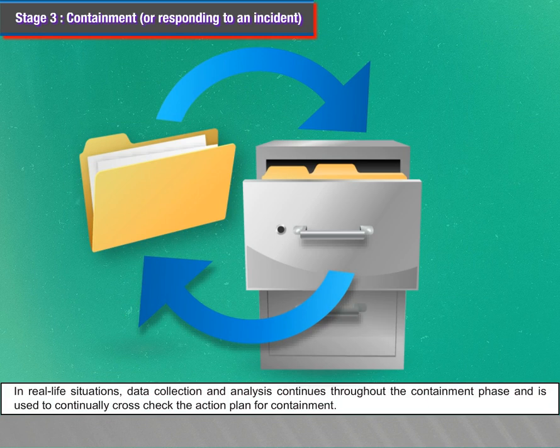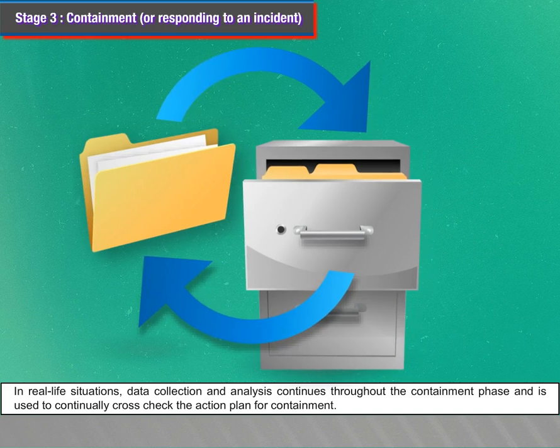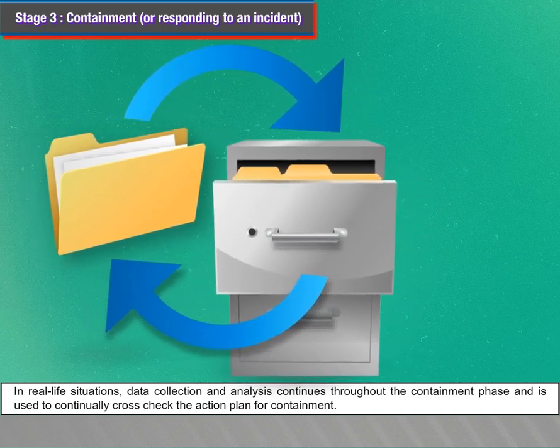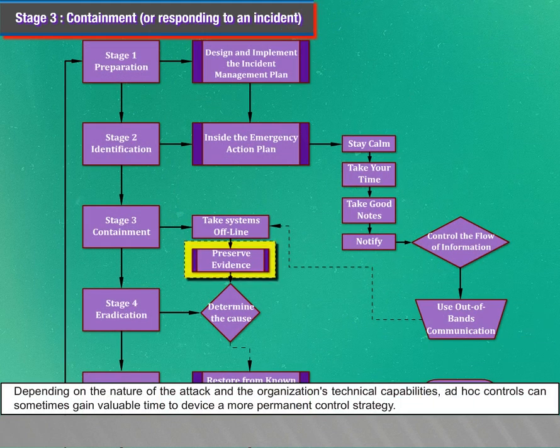In real-life situations, data collection and analysis continues throughout the containment phase and is used to continually cross-check the action plan for containment. Depending on the nature of the attack and the organization's technical capabilities, ad hoc controls can sometimes gain valuable time to devise a more permanent control strategy.